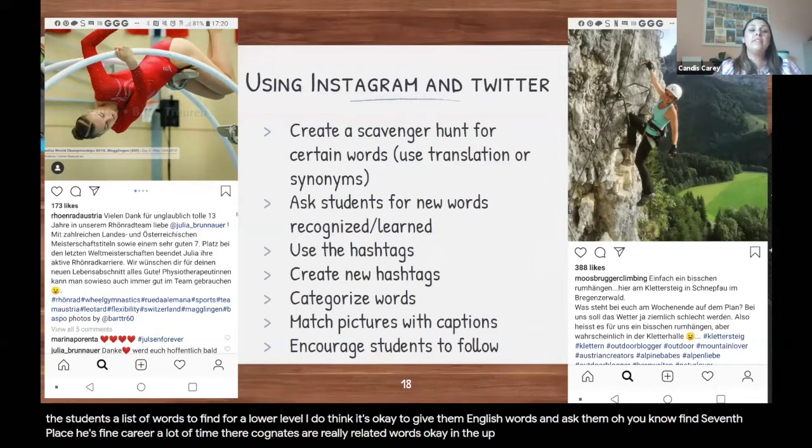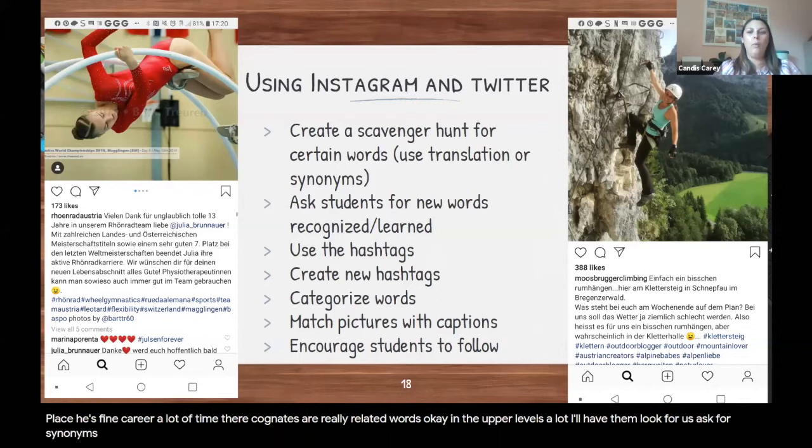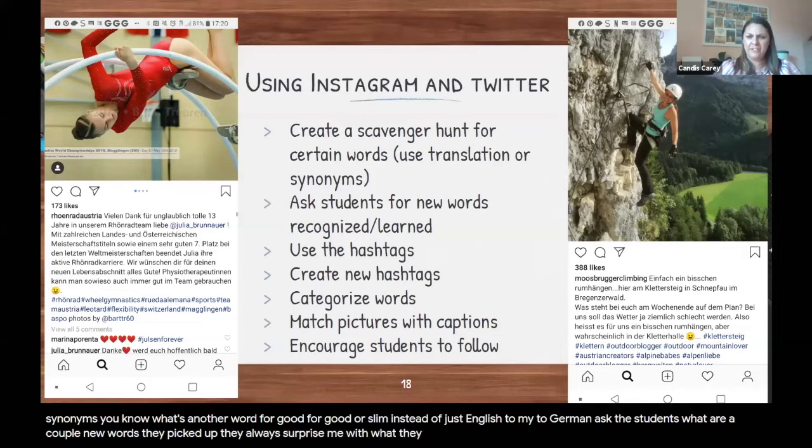In the upper levels a lot, I'll ask for synonyms, you know, what's another word for gut, for good, or schlimm, instead of just English to German. Ask the students what are a couple new words they picked up. They always surprise me with what they can understand from some of these, just from context.